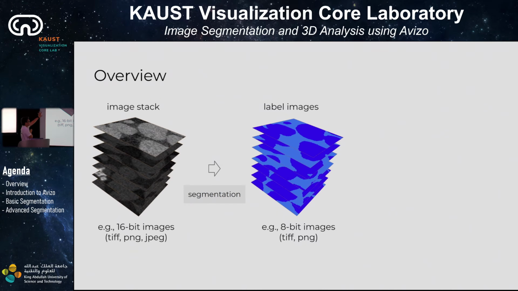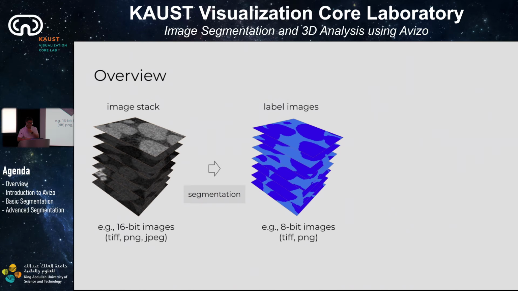In this example, this is an image stack of sand particles. The bright white regions are sand, and the dark region is, let's say, air or void. We use some segmentation steps to get to this label image. Here the dark blue is sand and the light blue is air. We do some steps from here to there. Depending on your data, it could be an easy process, could be complicated.